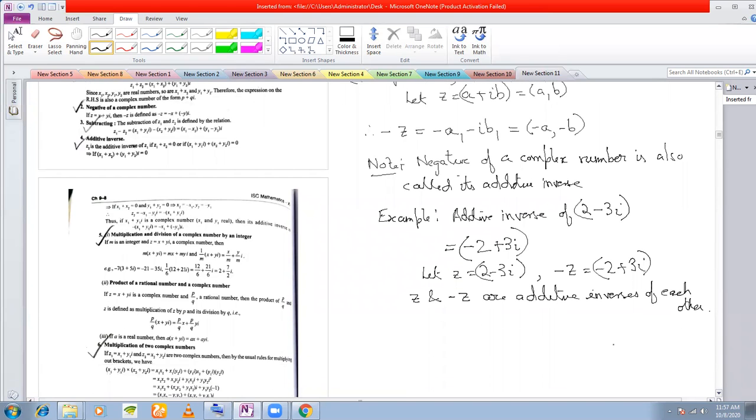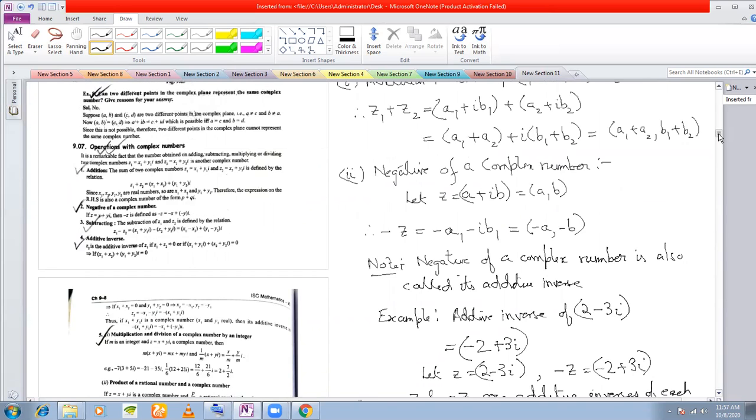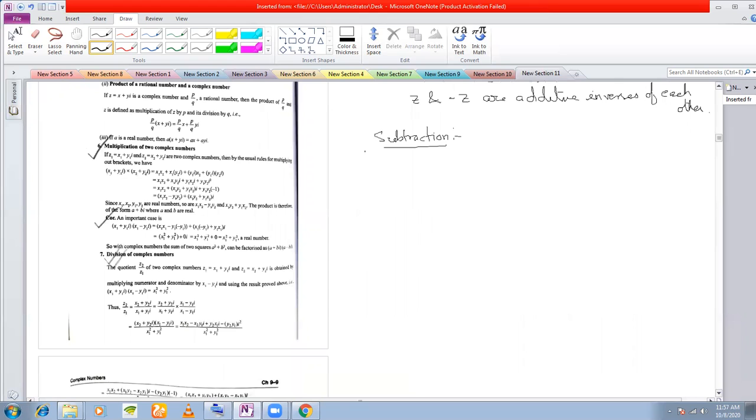Next is subtraction of two complex numbers. It's the same thing as addition. Suppose I have a complex number z1, a1 plus ib1, and I have z2, a2 plus ib2.